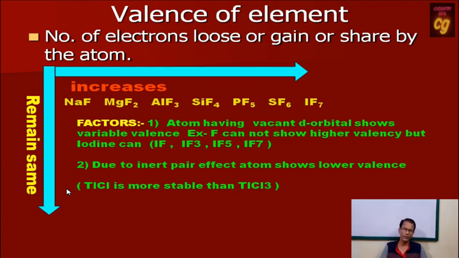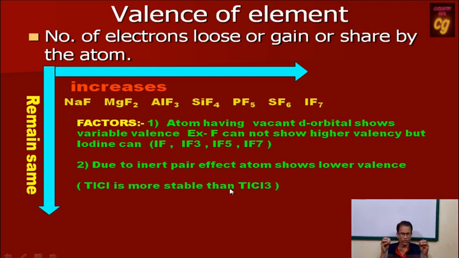Similarly in the carbon family, the bottom one, lead, shows the +2 state. So in the p block, when you move from top to bottom, the lower oxidation state is more stable. The inert effect generally increases from top to bottom, so they show lower valency.